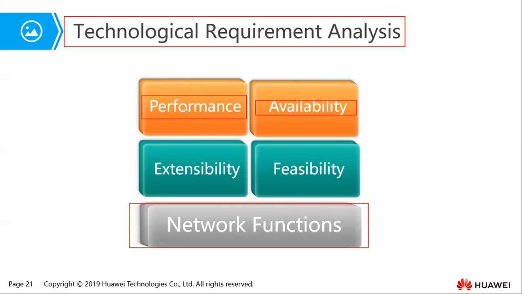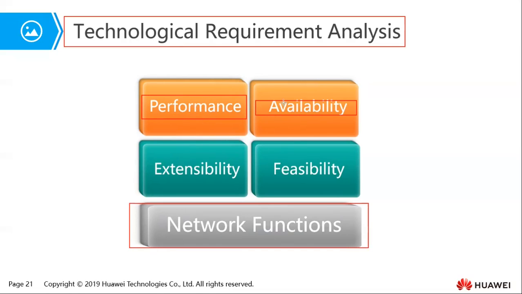Network performance also includes parameters such as latency, which are delays, and also packet loss rate. So you must try as much as possible to minimize latency and packet loss ratio within your network.